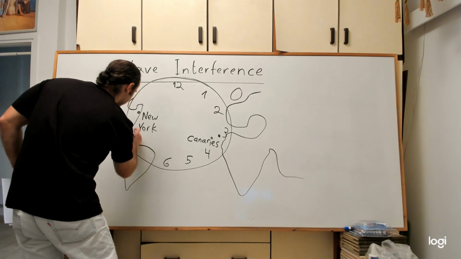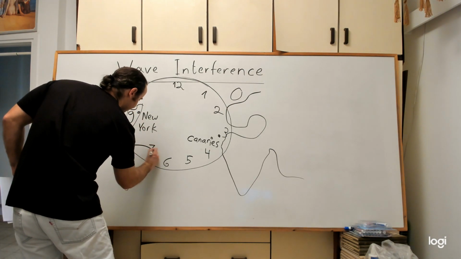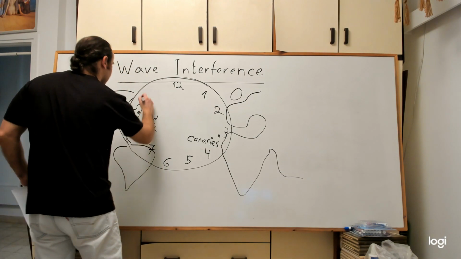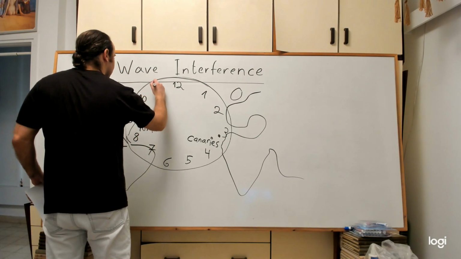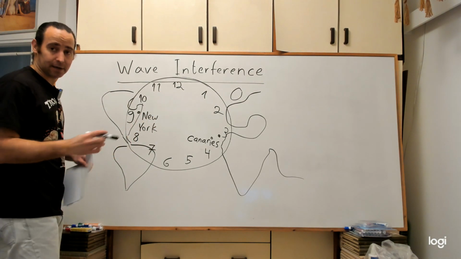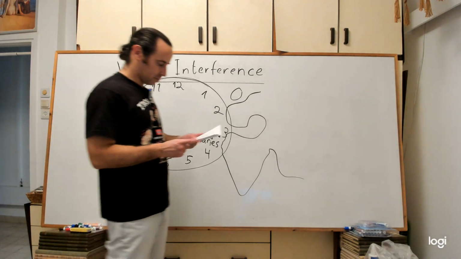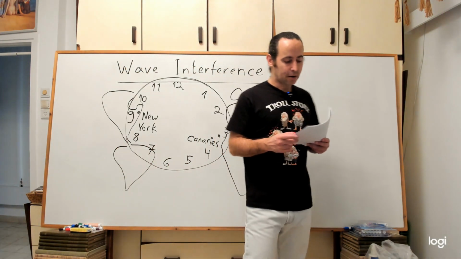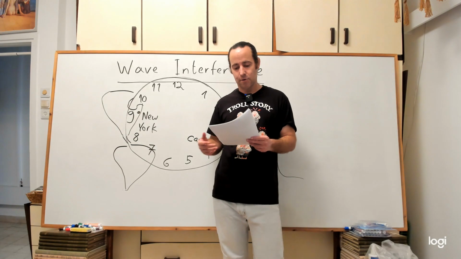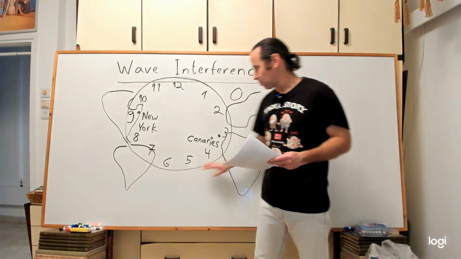And 7 and 8 and 9. New York is at 9. Okay, 10 and 11. And I have it drawn better in the book, so I will show you the pictures from the book. Okay, so in all the following illustrations that I will show you, we are looking at the Atlantic Ocean. This is the Atlantic Ocean.